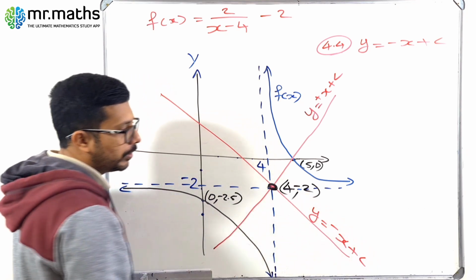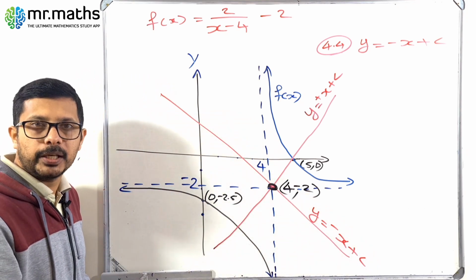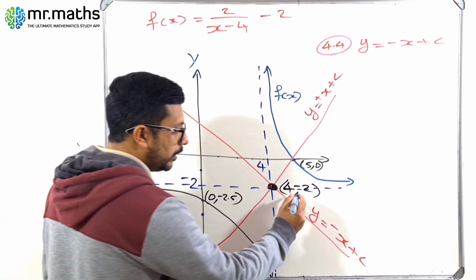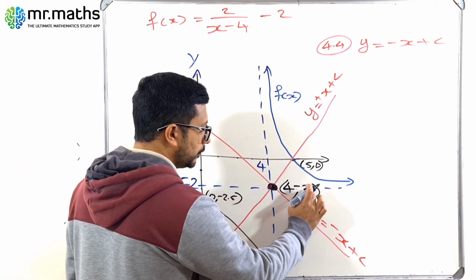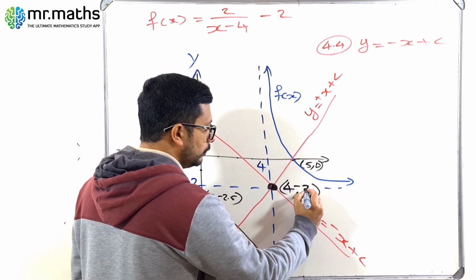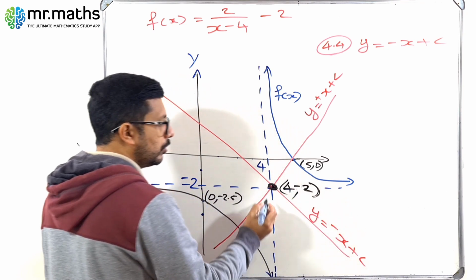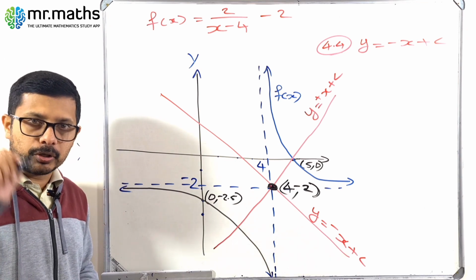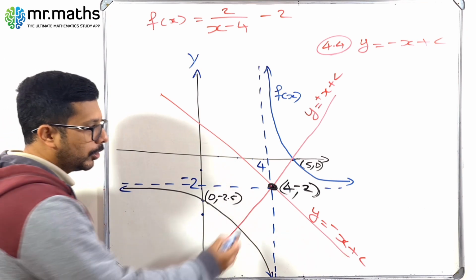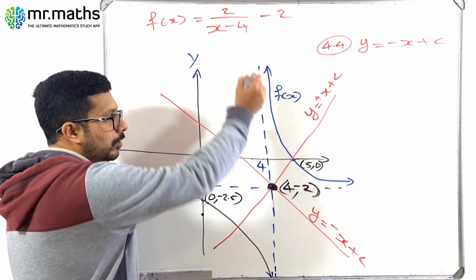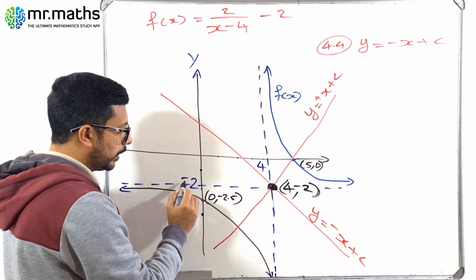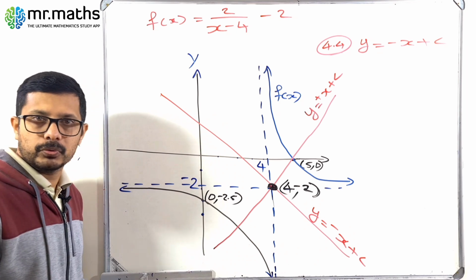So the coordinate is 4 comma minus 2. So what is the coordinate of the point of intersection of the asymptotes, the dotted lines? 4 comma minus 2, because the vertical asymptote x value is 4 and the horizontal asymptote y value is minus 2. You understand?